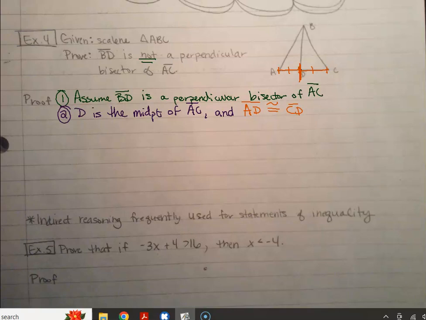All right, if we go from there, what other conclusions can we draw? If it's a perpendicular bisector, wouldn't these have to be right angles?